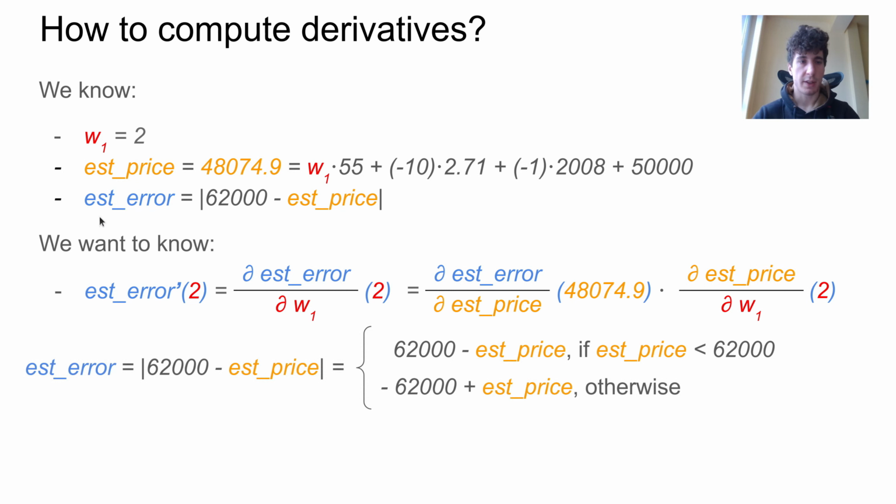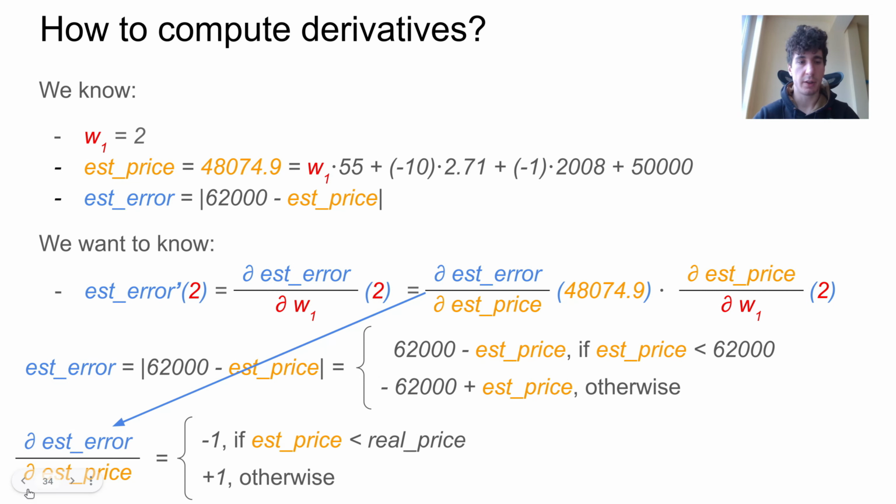So for the derivative of the estimation error with respect to the estimated price, we have a modulus. We know that if this is positive, then it's itself. If this is negative, it's the opposite. So if the estimated price is smaller, this one is positive, so it remains the same. Otherwise, it's the reverse. This is like only the estimation error.